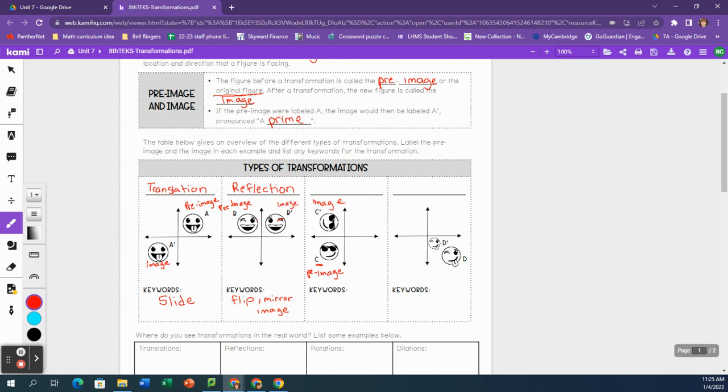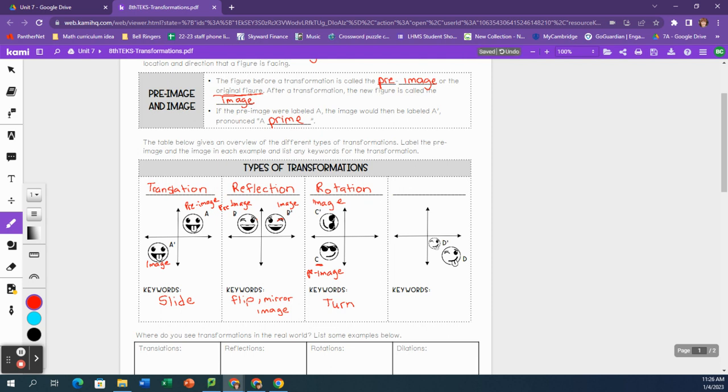That's going to be important later when we talk about what transformation took place. So what happened here is it rotated. Another word we might use is turn. It's a rotation, or you could use turn.